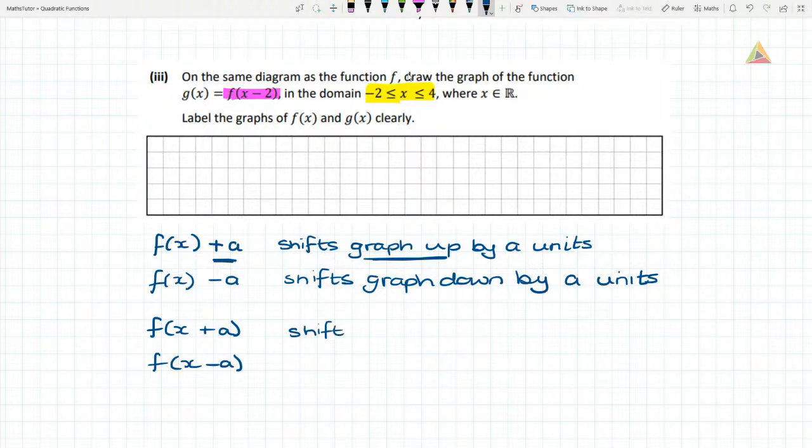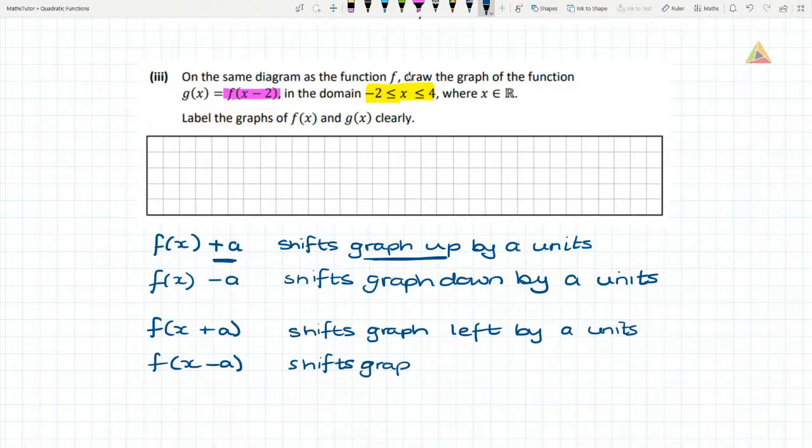So we're going to shift the graph. And if it's a positive a, we actually shift the graph to the left. And if it's a negative a, we're going to shift the graph to the right.